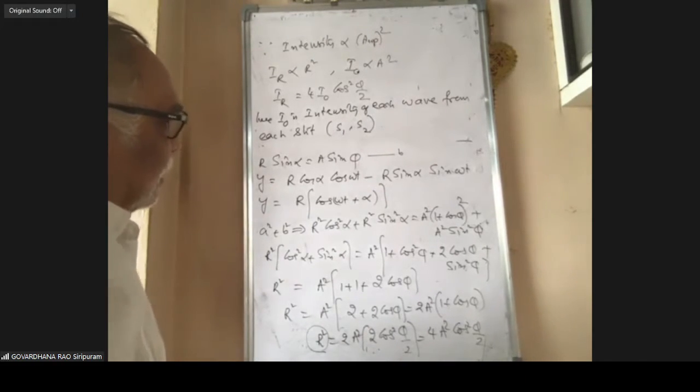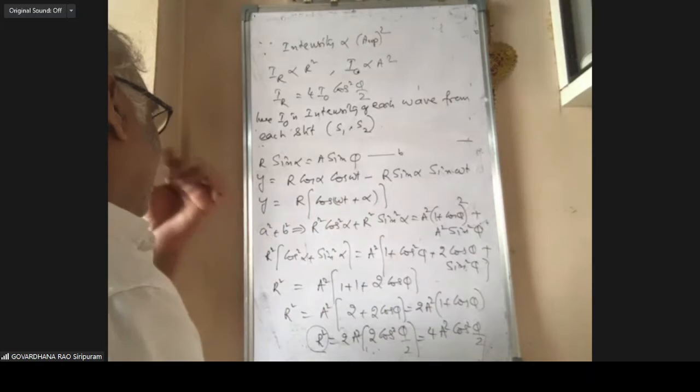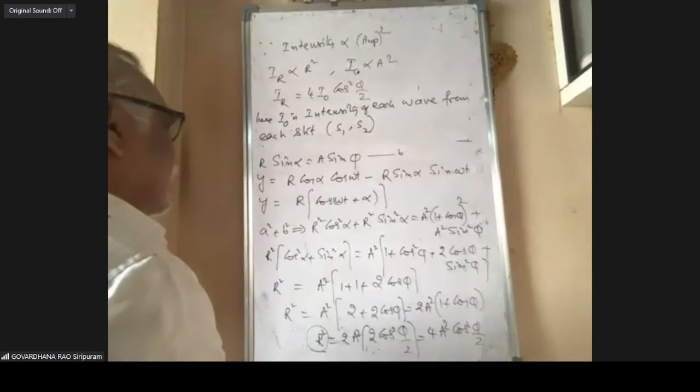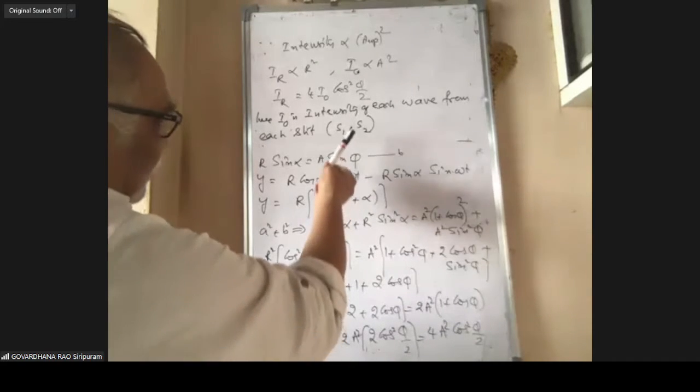So it is the intensity of light coming from both the slits. I naught is the intensity of light coming from the S1 slit, and I naught is the intensity of light coming from the S2 slit.